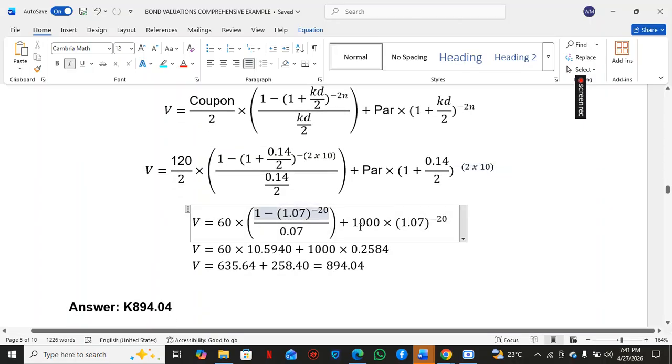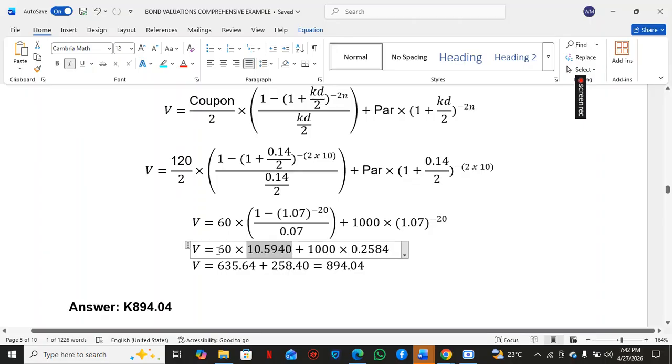So this simplifies to this here. Listen. Then again, you just go through the normal calculations: 1.07 to the power negative 20, which should be 0.2584. Subtract that from 1, then divide by 0.07, and you get 10.5940.